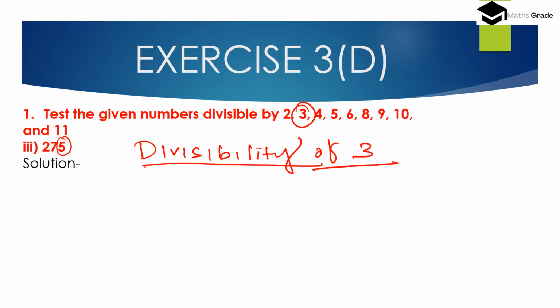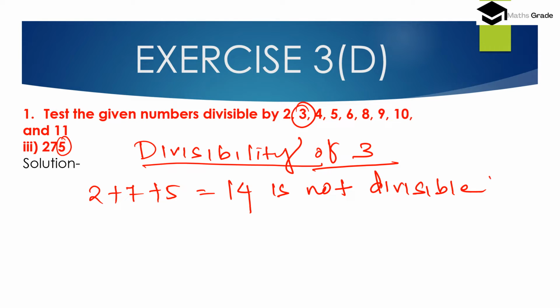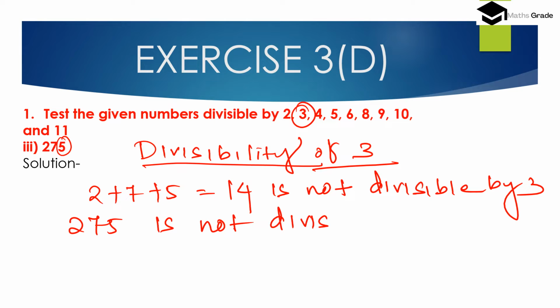Here the sum of digits of the number 275 is 2 plus 7 plus 5. 2 plus 7 plus 5 is 9 plus 5 is 14, and 14 is not divisible by 3. So this number 275 is not divisible by 3.